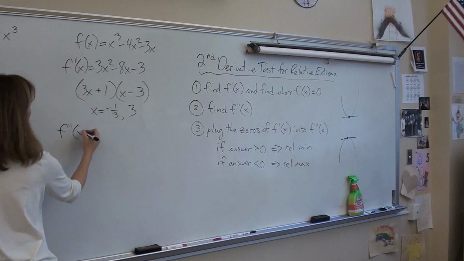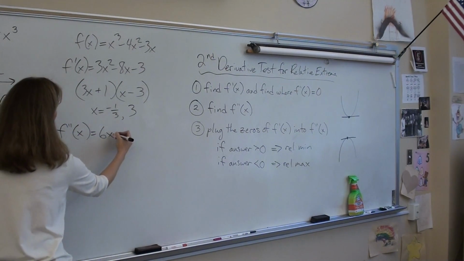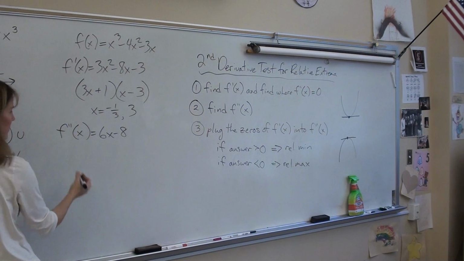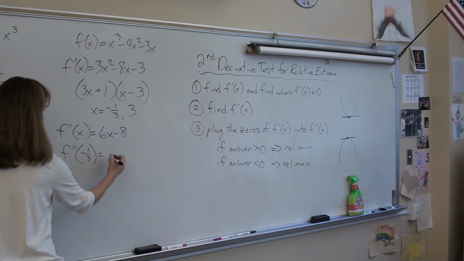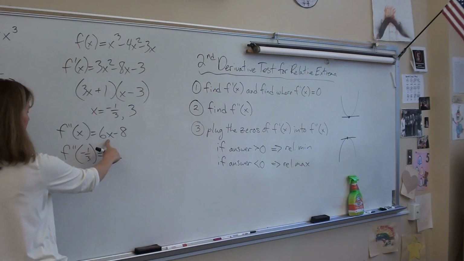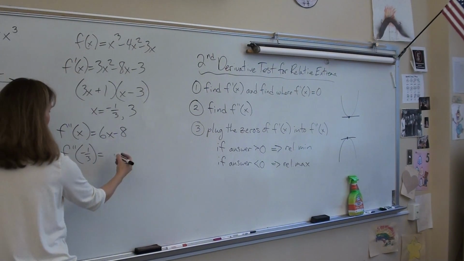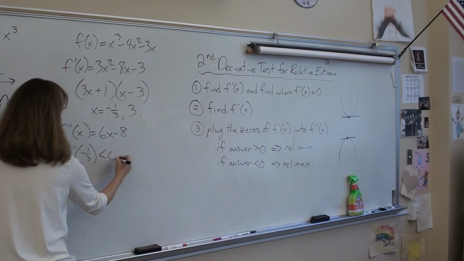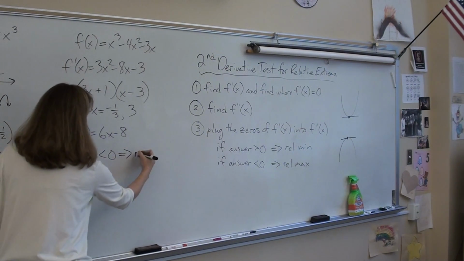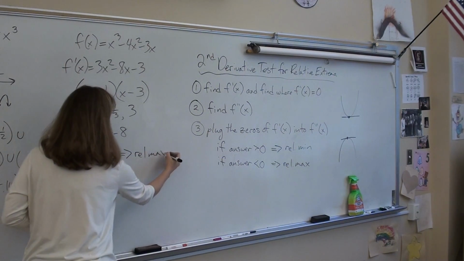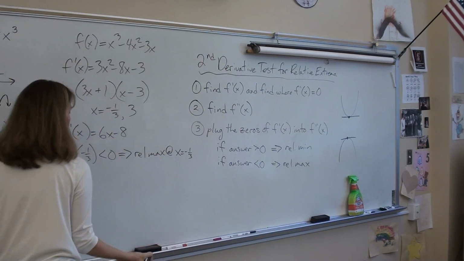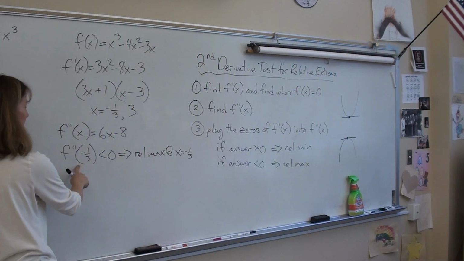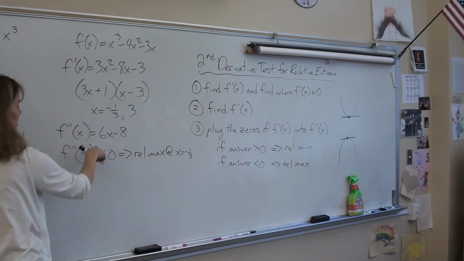F double prime, 6x minus 8. F double prime of negative a third, you plug negative a third in, you get negative 2 minus 8, it's negative. So we have a rel max at x equals negative a third, because the first derivative was 0, second derivative was negative.